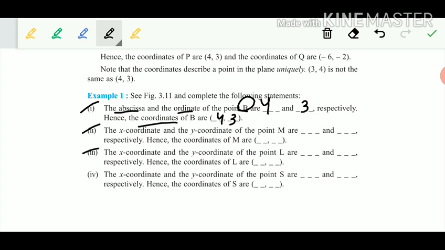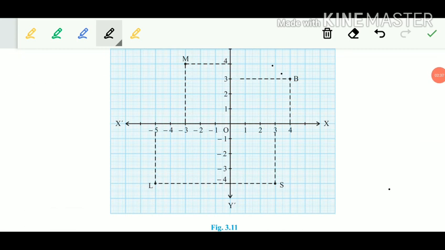Similarly, 4 parts are given. We will discuss one more part, the fourth part: the x coordinate and y coordinate of the point S. Now see, where is the point S? Point S is lying in the fourth quadrant. Perpendicular lines are already drawn.